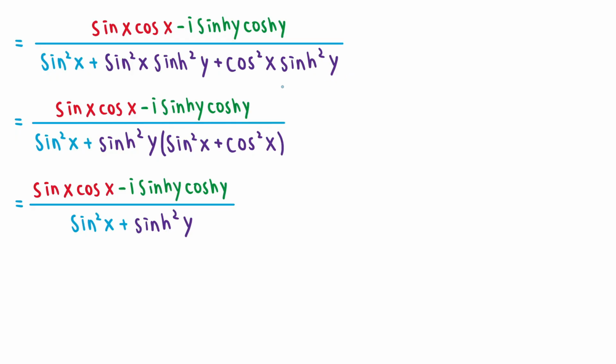If we factor sinh squared of y from each term in sine squared of x sinh squared of y plus cosine squared of x sinh squared of y in the denominator, it becomes sinh squared of y times sine squared of x plus cosine squared of x. Sine squared of x plus cosine squared of x equals 1, so the denominator just simplifies to sine squared of x plus sinh squared of y.